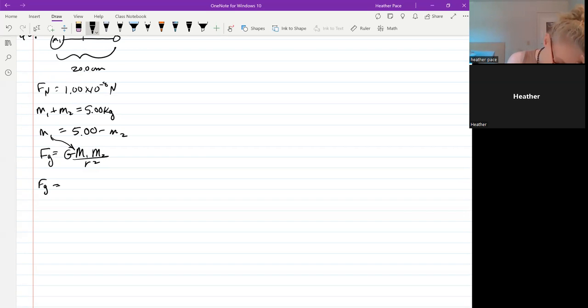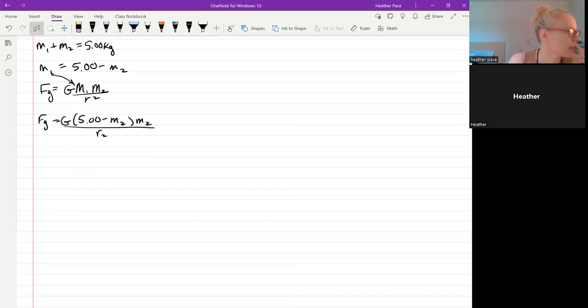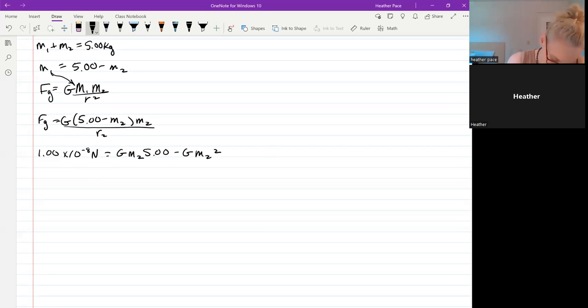All right, so FG equals G times (5.00 minus M2) times M2 all over the distance between them. So if we do the math here, we get 1.00 times 10 to the negative 8 N equals G M2 times 5 minus G M2 squared, all over R squared.